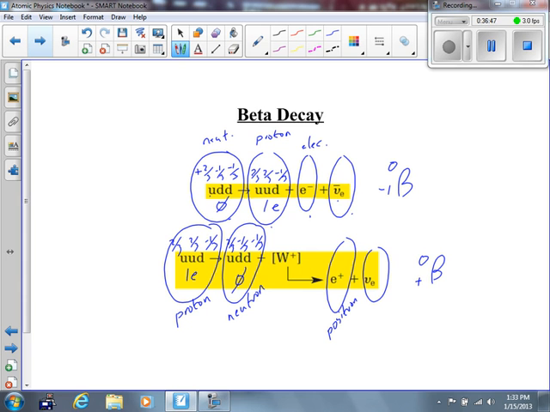But beta positive decay occurs a little bit differently. Beta positive decay occurs this way. We get a proton, it changes into a neutron, and then this little thing that we call a virtual particle. And then the virtual particle decays into a positron and a neutrino. So it's kind of a two-step process. But as far as you're concerned, it's fine to assume it's a one-step process.